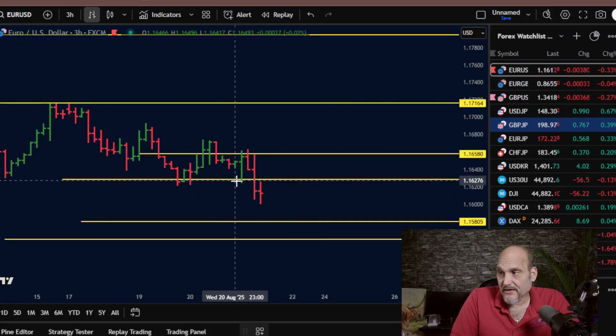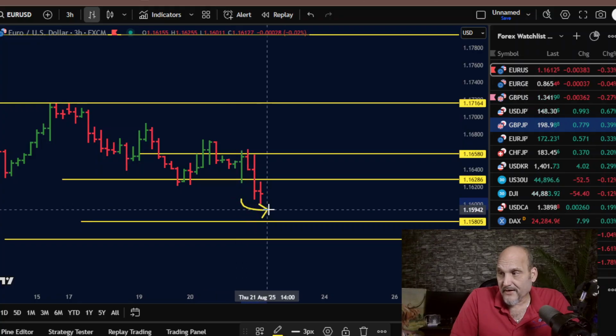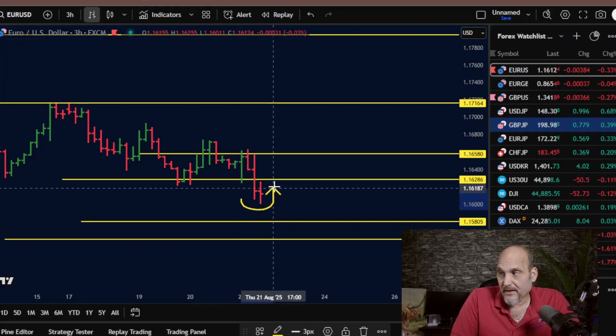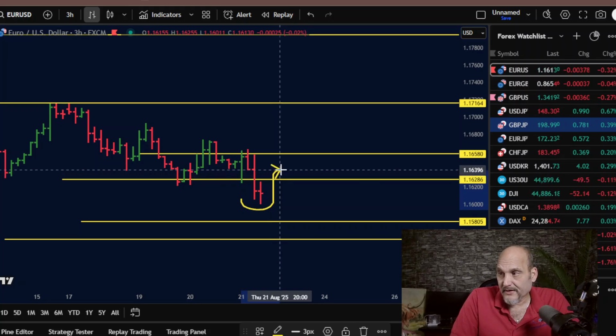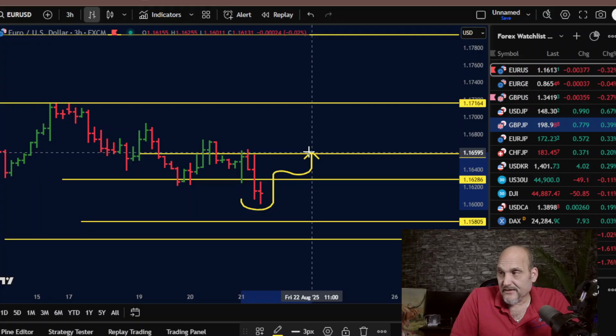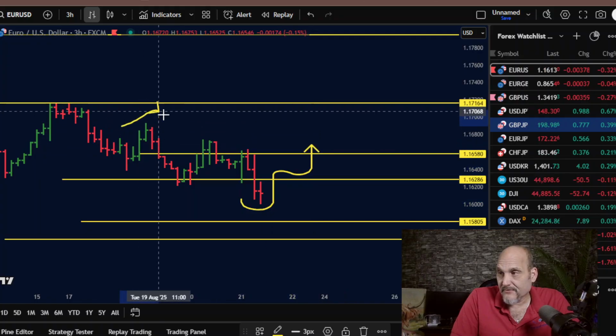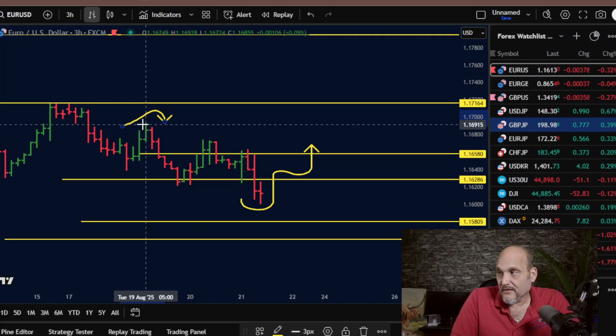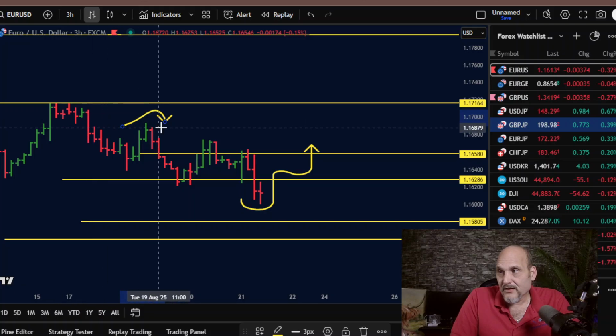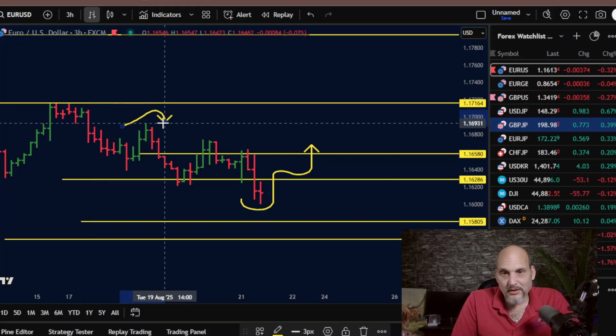Those are the two levels right now. So we've got this low right now. It needs to hold that low. It needs to come back up against, say, the 28/30 level. It needs to hold it. Needs to come up through this level, and it's going to meet some fierce resistance up here, right at like 117, the figure. So euro dollar is really not the play of the day.